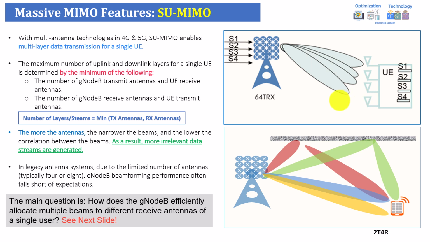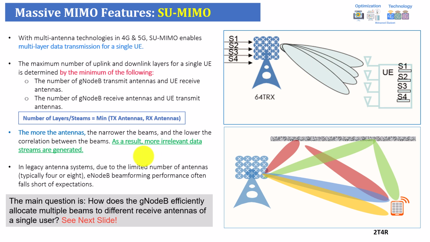So again, the single user MIMO is exactly the same as the 4G, which means that you have 2 different data streams or 4 different data streams sent from the gNB to the UE in the downlink, for example. And this is doubling your speed, or even making your speed 4 times more if you have 4 data streams. But what is the advantage compared to whatever you used to have in the 4G? Now we have this kind of Massive MIMO gain, right?